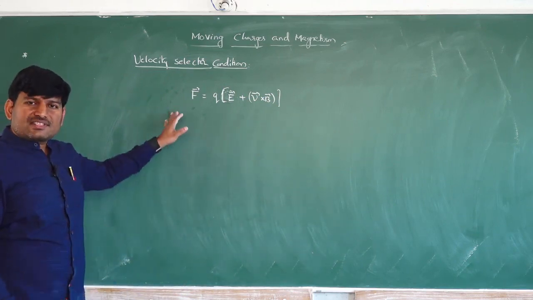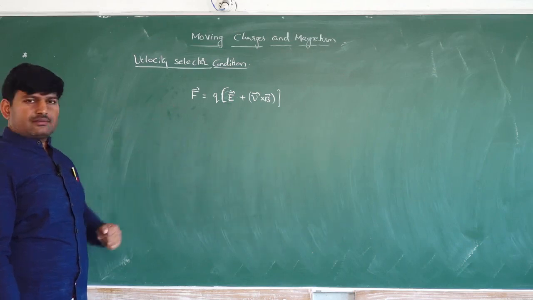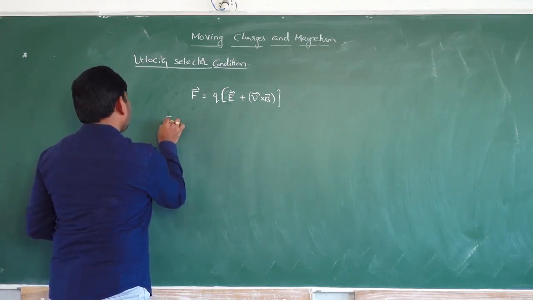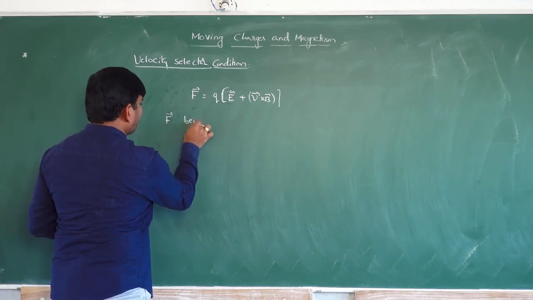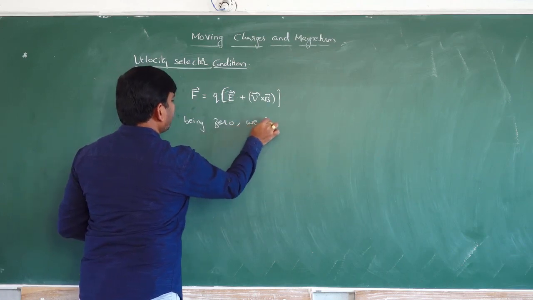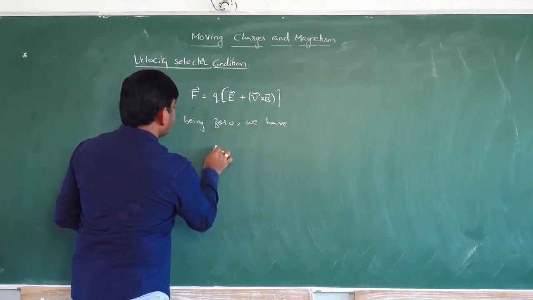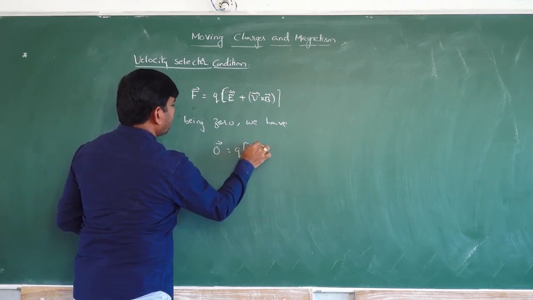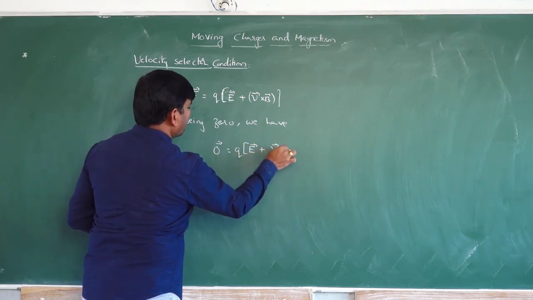Suppose the Lorentz force is 0, then what is going to happen? If the Lorentz force is 0, then F bar being 0, we have 0 bar is equal to Q into E bar plus V bar cross B bar.